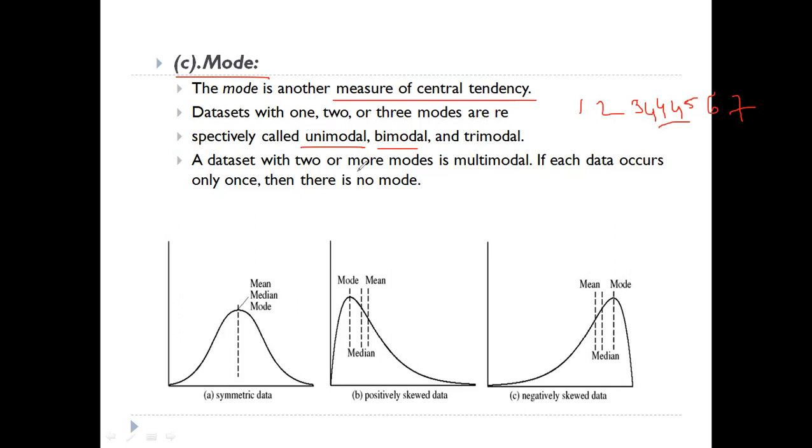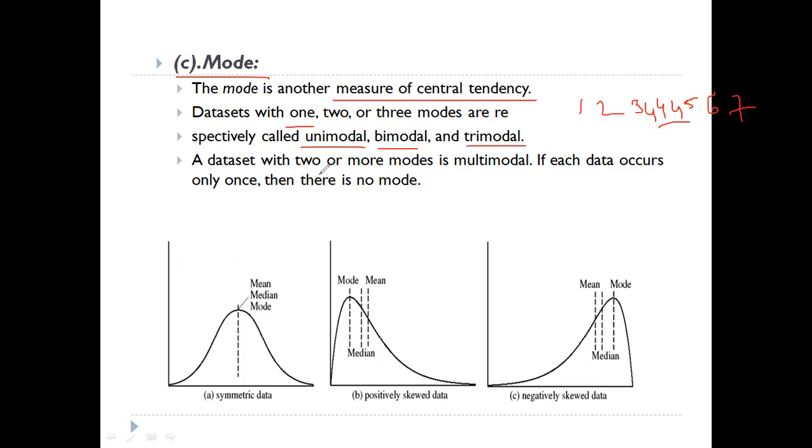If the data set doesn't have any repetitions of a number, then that is called unimodal. If one number is repeated a second time, so one number came 2 times in the same data set, then that is called bimodal. If it came 3 times in the same data set, it is called trimodal, right?